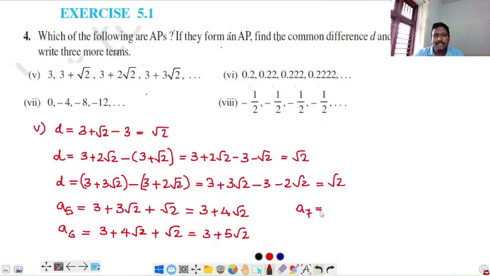So A7 is equal to 3 plus 5 root 2, that is A6 plus root 2. With this again you have to add root 2. So you will get the answer as 3 plus 5 plus 1 is how much? 6 root 2. So A5, A6 and A7 are 3 plus 4 root 2, 3 plus 5 root 2 and 3 plus 6 root 2.